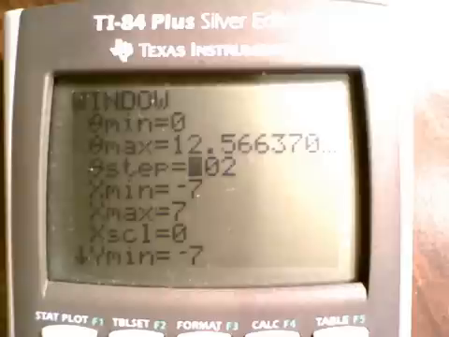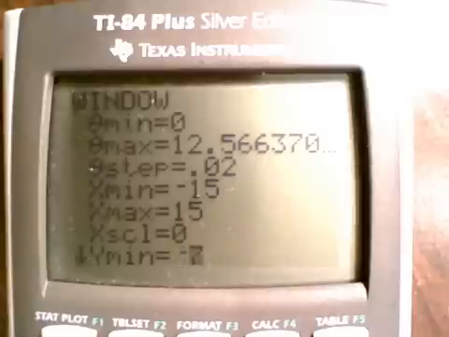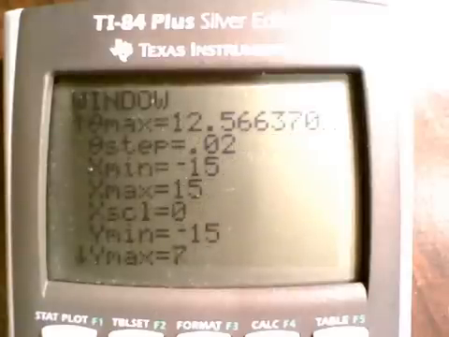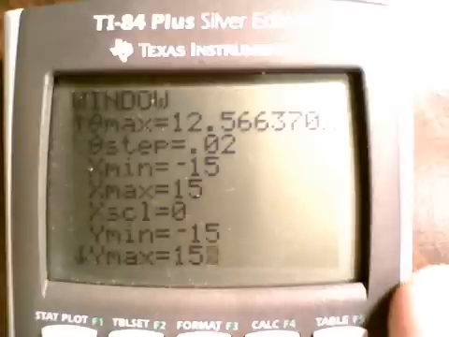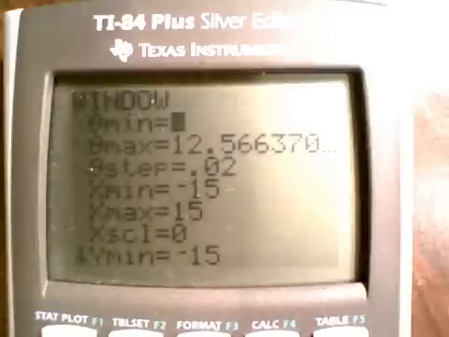Now we're going to have to adjust our x min to be, let's let it be negative 15 to 15. And the same with our y min, negative 15 to y max of 15. Now again, what we're doing is we're graphing r equals theta from 0 to 4 pi.